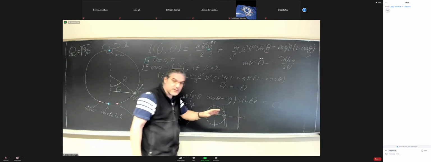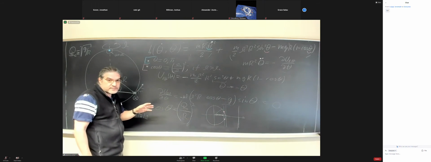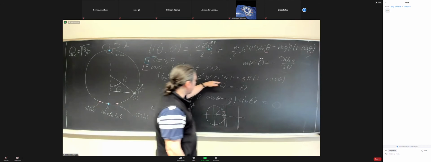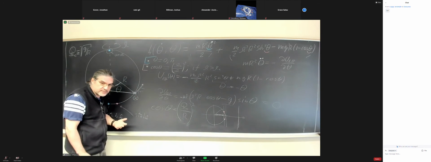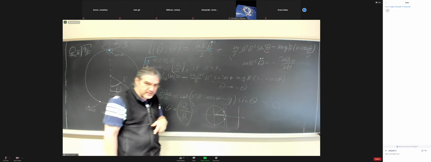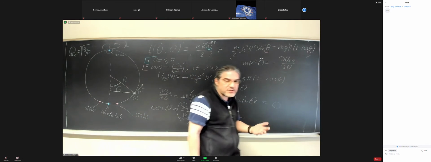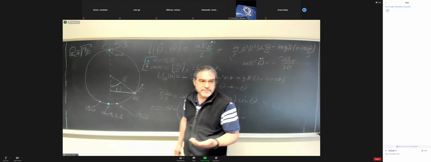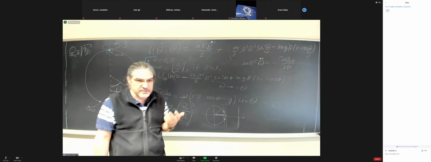Cosine is an even function. So this term also doesn't change. So this potential energy has a symmetry. If I change theta to minus theta, potential energy does not change. It's symmetric. It's an even function of theta. That makes sense?